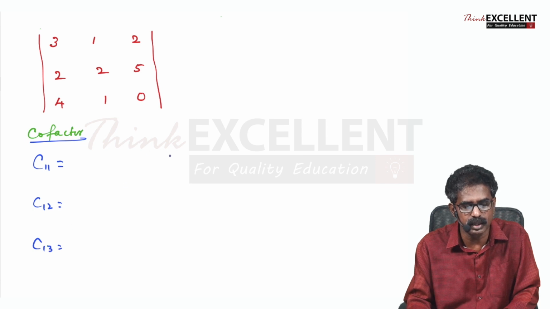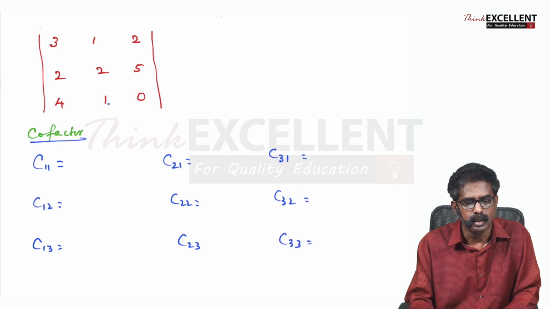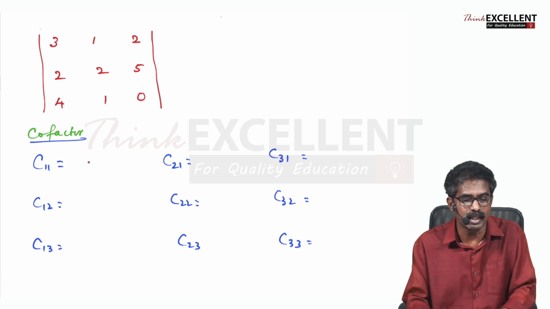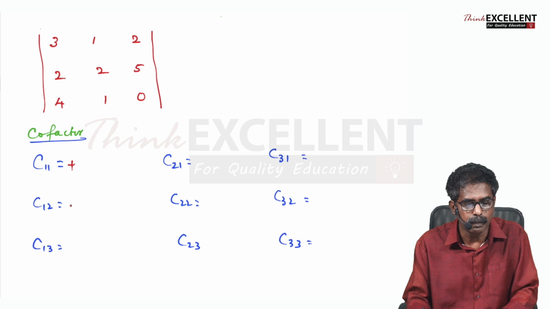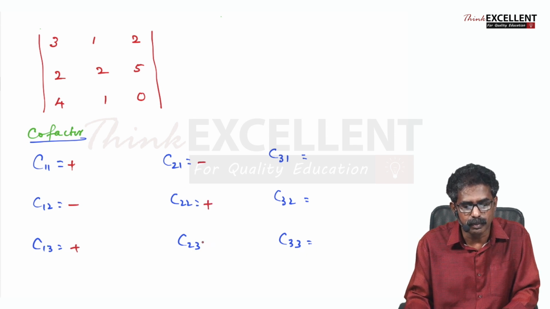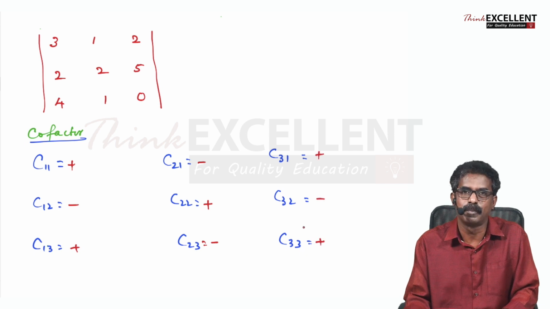I'm writing here C21, C22, C23, C31, C32, C33. Now you know what a cofactor is. Cofactor means it is a signed minor, right? So for the first you put plus, minus, plus, minus, plus, minus, plus, minus, plus, right? So now you write the minor.